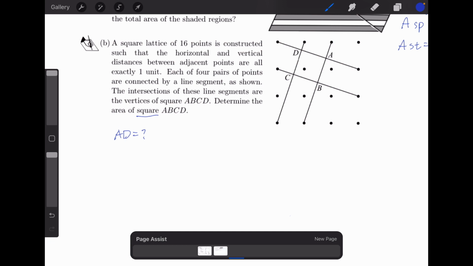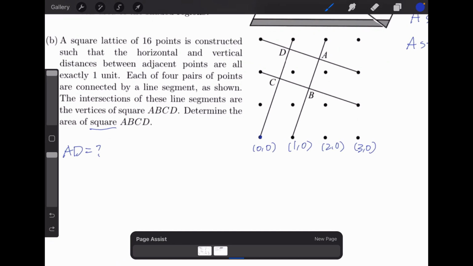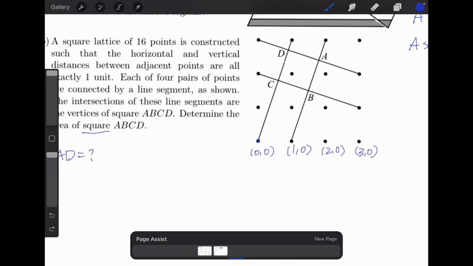If I set this point to (0, 0), then this point would be (1, 0), and (2, 0), (3, 0), etc. The only 3 lines we care about in finding AD are this line and this line, because their intersections are points A and D. So we only need the coordinates of the endpoints of these 3 lines, and let's name them line 1, line 2, and line 3.